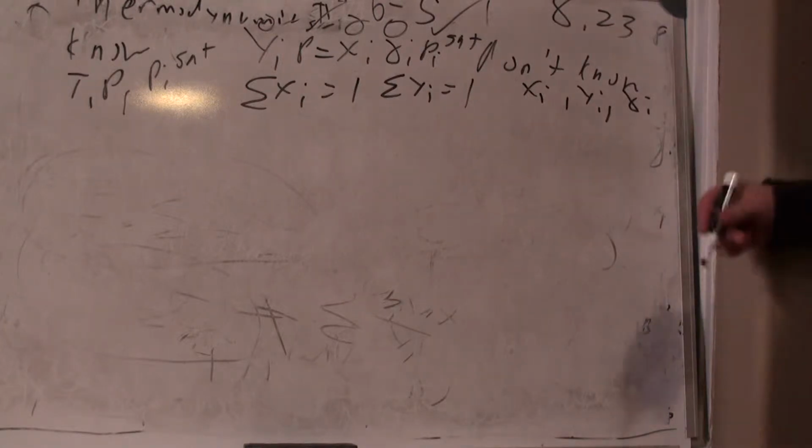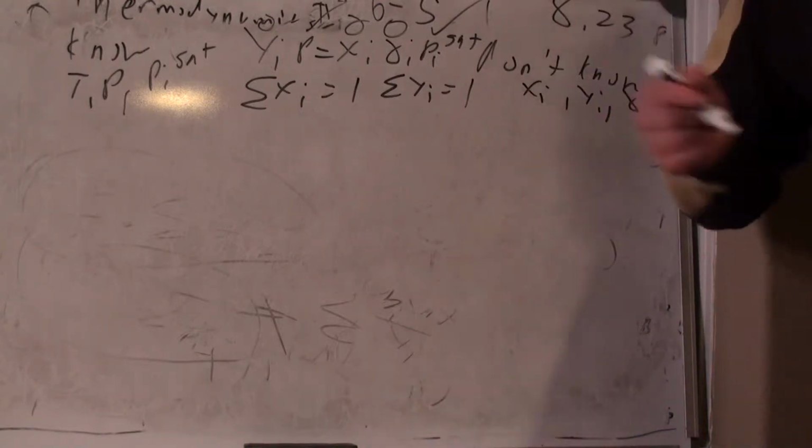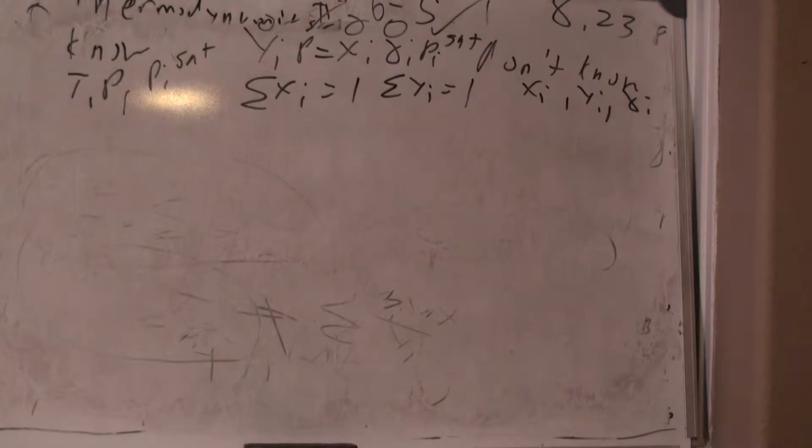I want to take the analogs from both bubble pressure and dew pressure, take the components of those and kind of combine them. And so when I had bubble pressure, I solved for yi. But with dew pressure, I did something first.